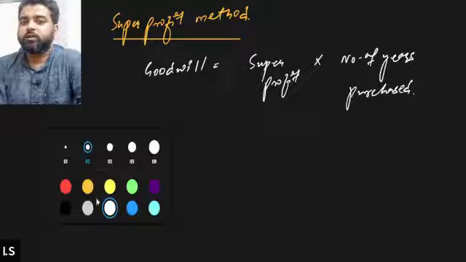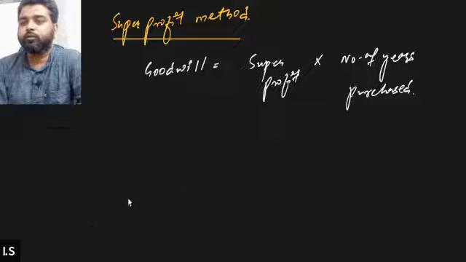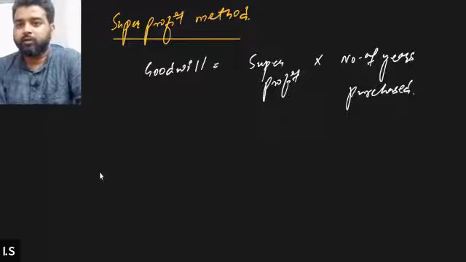So in this method, all we need to find out is the super profit. Once we are able to find out the super profit, we will be able to find out the goodwill as well. There is a formula for finding out the super profit as well.